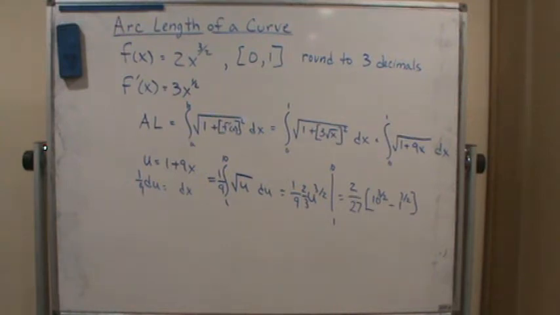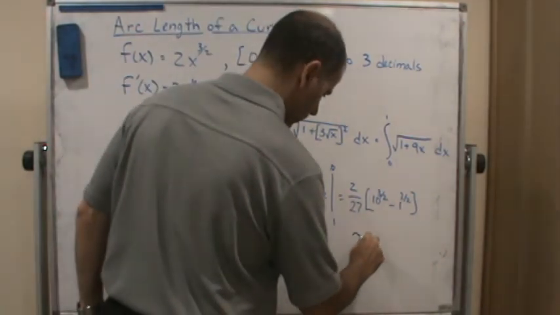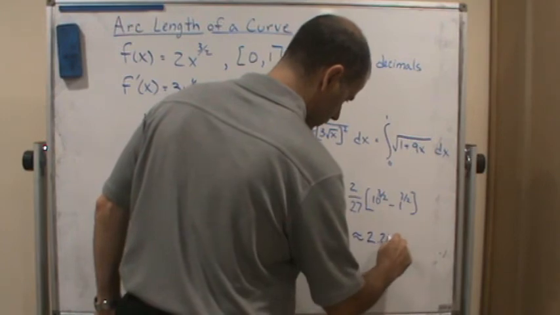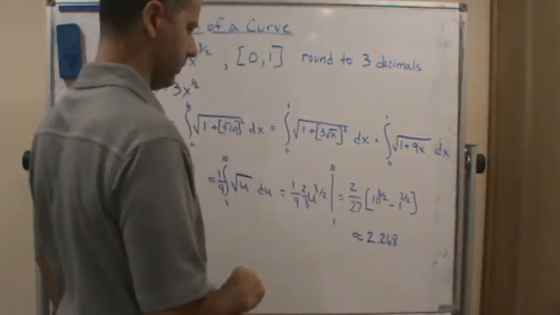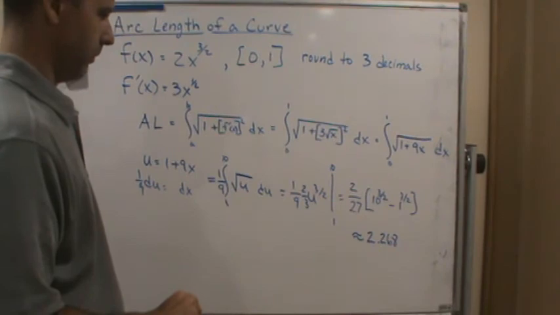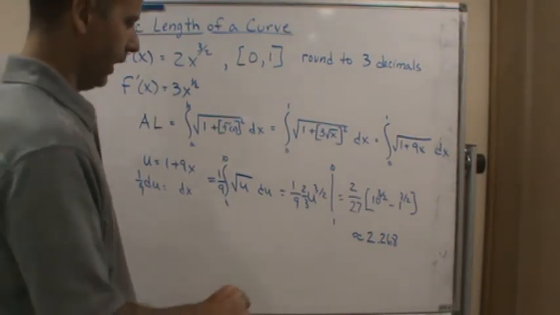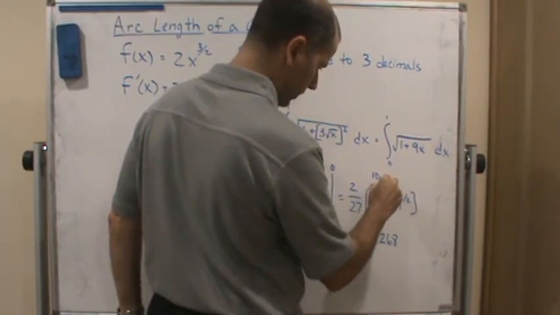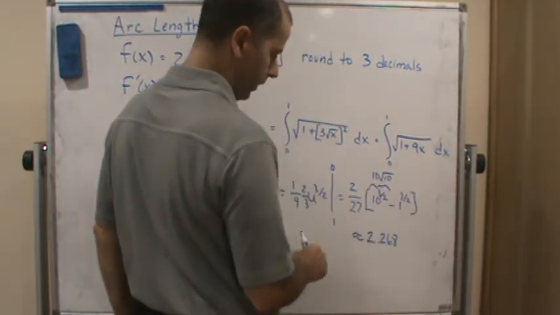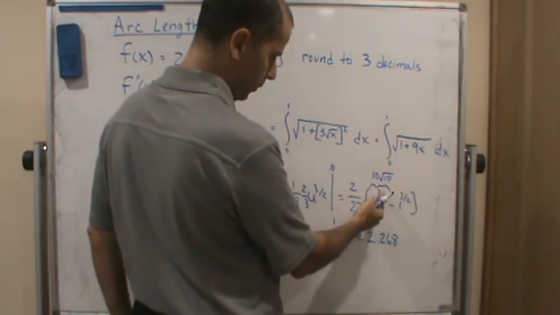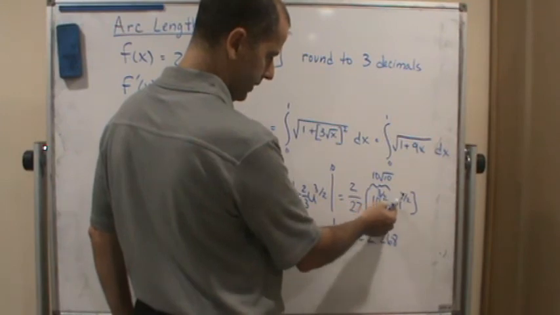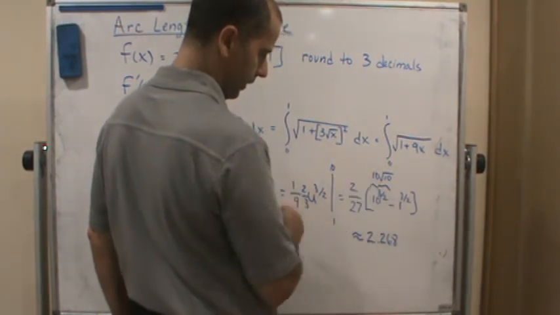If you calculate that out, and if you want to simplify this, 10 to the 3/2 becomes 10 times the square root of 10, because you can write 10 cubed as 10 squared times 10, so the 10 comes out and you get the square root of 10.